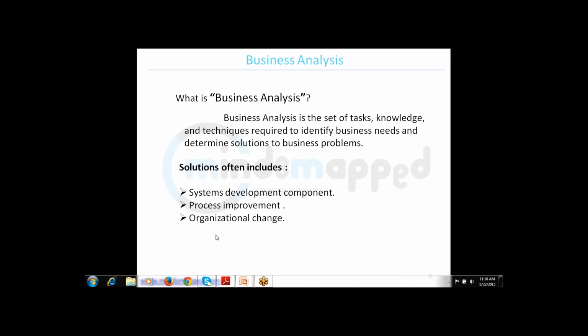That's a change in the way the organization is going to work. Or it could be process improvement, maybe automating certain processes, which cuts down effort, brings in more efficiency, and means you have to hire fewer resources. So these kinds of benefits could be looked at.